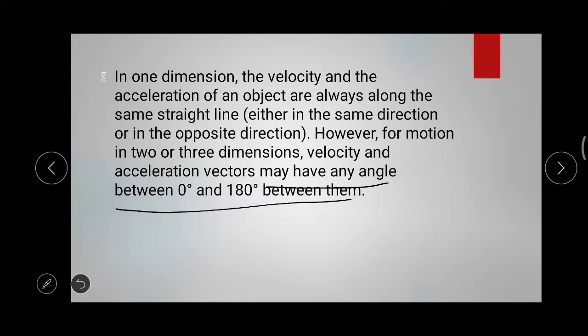Either in 2 dimension or in 3 dimension, the velocity and acceleration vectors can make any angle from 0 to 180 with each other. But for a straight line motion it may be 0 or 180, parallel or anti-parallel.